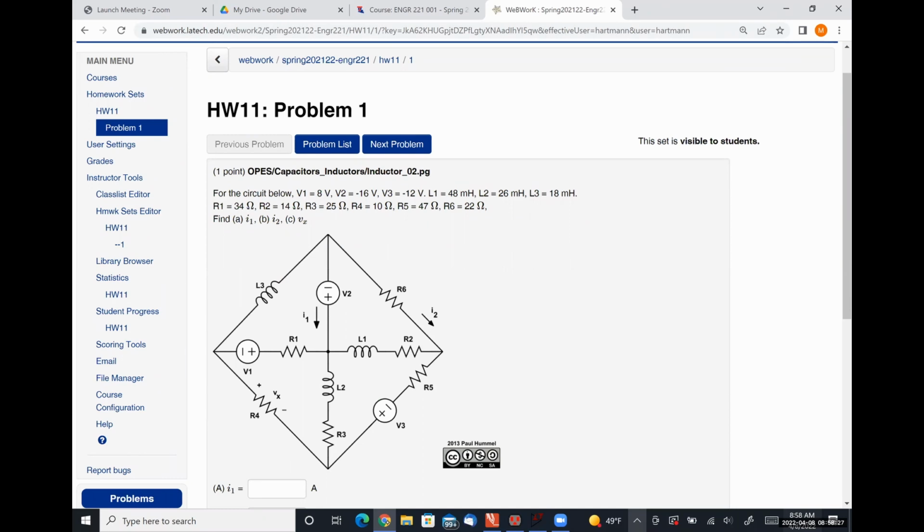Well, since voltage sources V1, V2, and V3 are all DC voltages, all those inductors are simply short circuits, which means this is just a nodal analysis or mesh analysis problem that you could have worked before we got into this set of material anyway. The only difference here is that you have to know that an inductor looks like a short circuit when you have DC excitation sources.